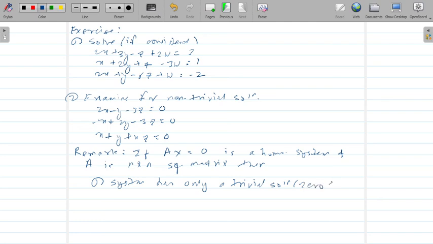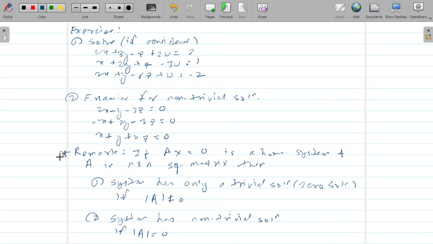Trivial solution means zero solution if determinant of A is not equal to 0. And second, the system has a non-trivial solution, a non-zero solution, if determinant of A is equal to 0. In that case, the system has infinitely many solutions. So remember this remark.